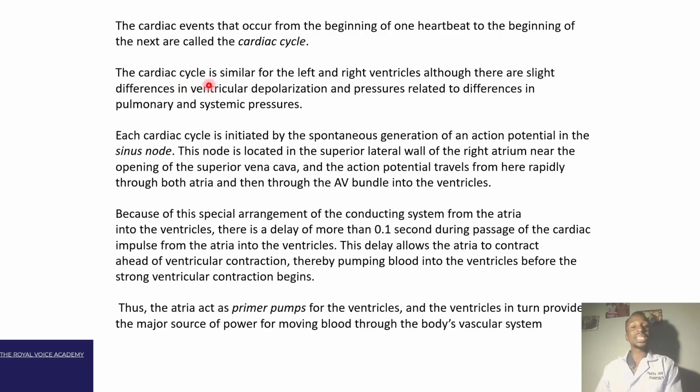Yeah. So the cardiac cycle is similar for the left and right ventricles, although there are slight differences in ventricular depolarization and pressures related to differences in pulmonary and systemic pressures. Now remember that the right ventricle and the left ventricle pump to different circulations.